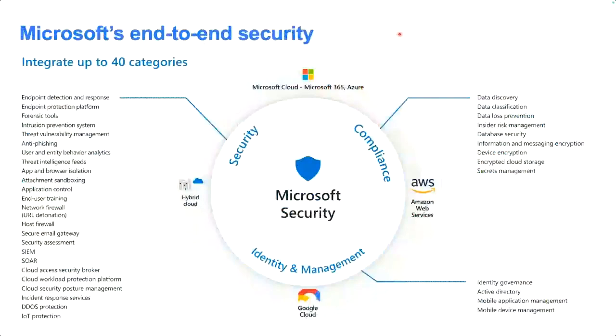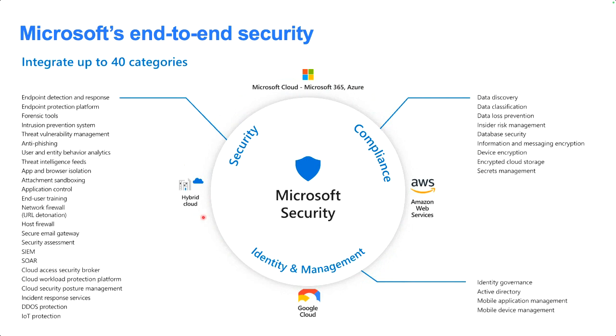So with that, I would also like to touch on the unified approach to security at Microsoft, something you can really benefit from, because these services can integrate up to 40 categories, as you can see on the screen. They also cover not only Microsoft security solutions and products, but also hybrid security.